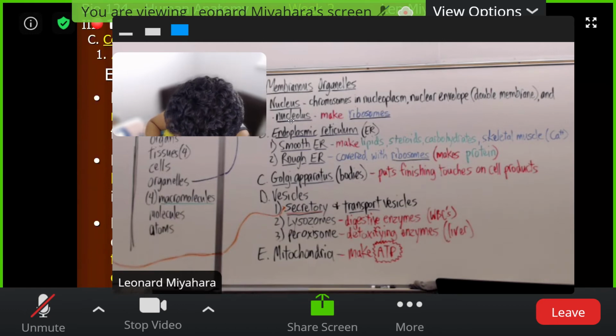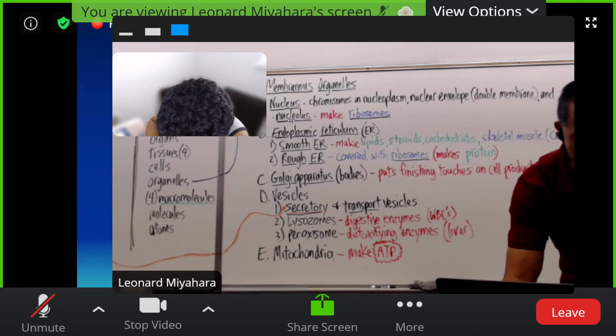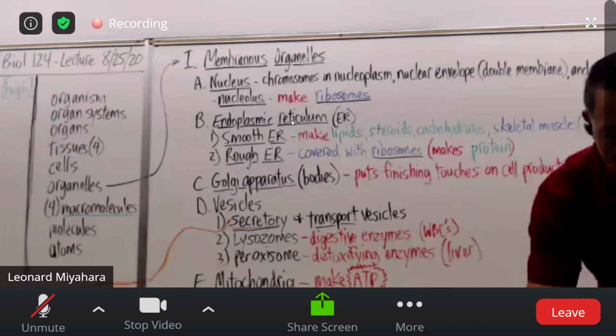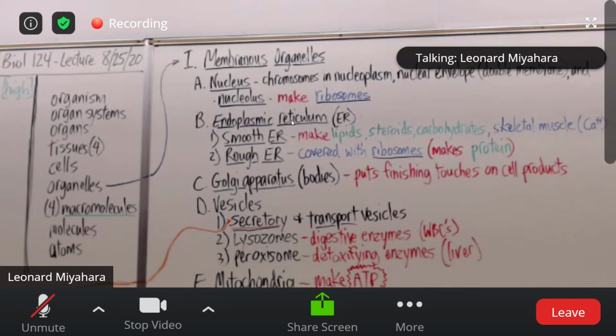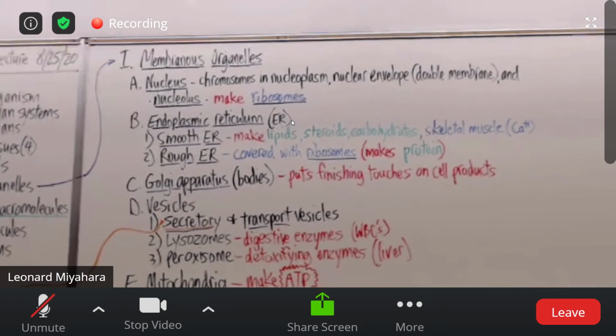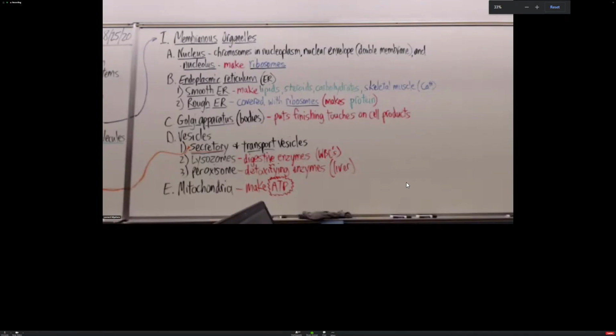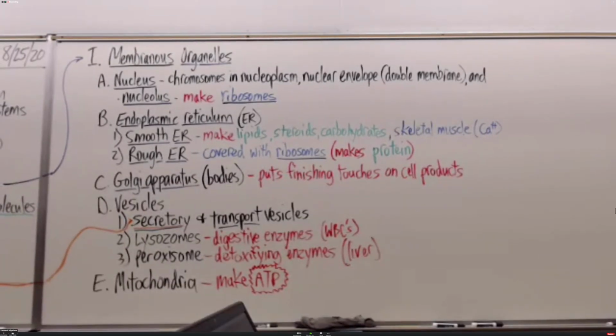So let me stop there and look at this middle section, because this has the membranous organelles. And what I would do is put the things in there that are key, highlighted, underlined, and bolded, where 98% of the points on lecture exams come from. Can you reproduce this without looking at your notes?